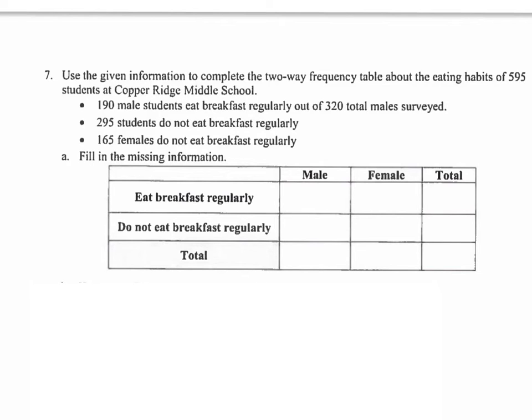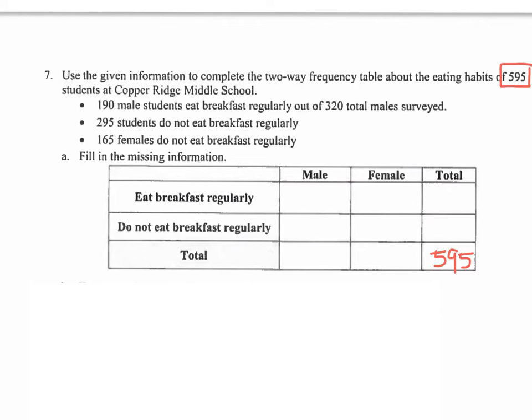All right, so let's fill in the table given the information. We are measuring if somebody eats breakfast regularly or not, and if they're male or female. There are 595 students at this school. So 595 is the grand total of people at this school.